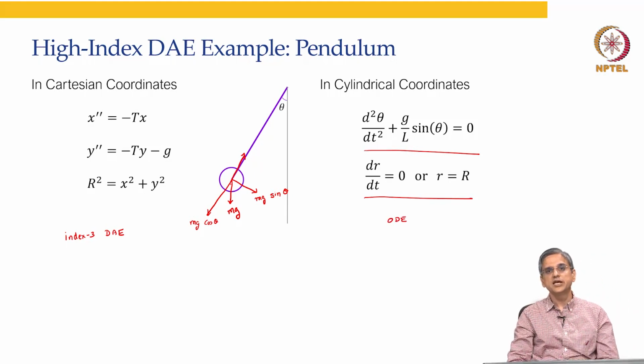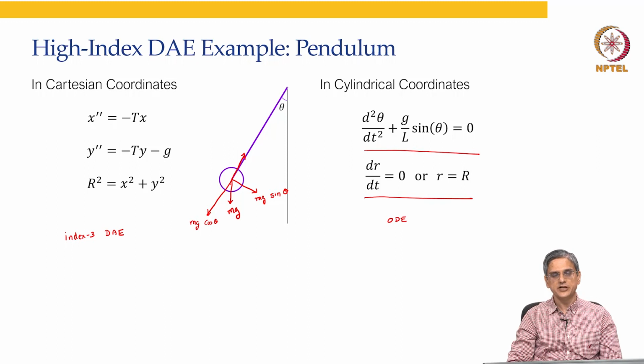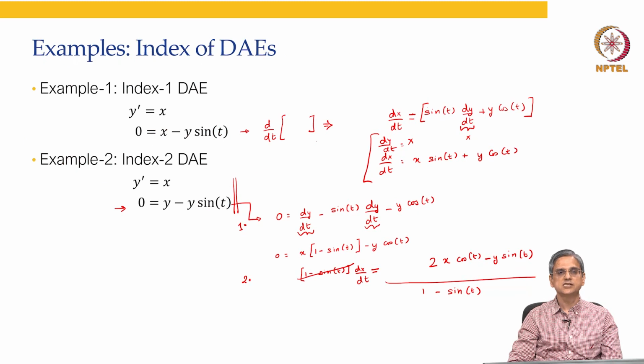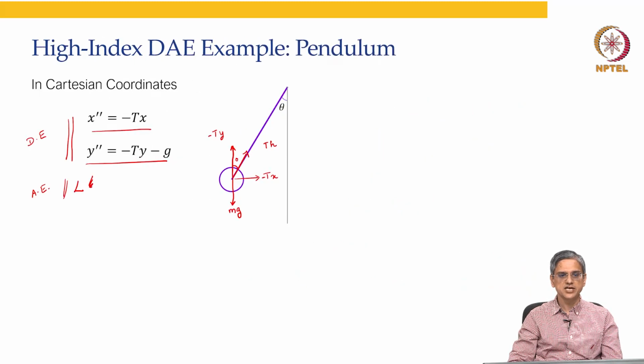That is basically what we are going to get if we define the pendulum problem using physics that we have learned in high school. So, to recap, we have talked about DAEs, we have defined the index of the DAEs, and we gave a practical example of the pendulum to show that it results in a high index DAE problem, but the same problem, if you convert it into polar coordinates, you are going to get an ODE. A lot of times you are able to convert DAEs into ODEs, but not always.